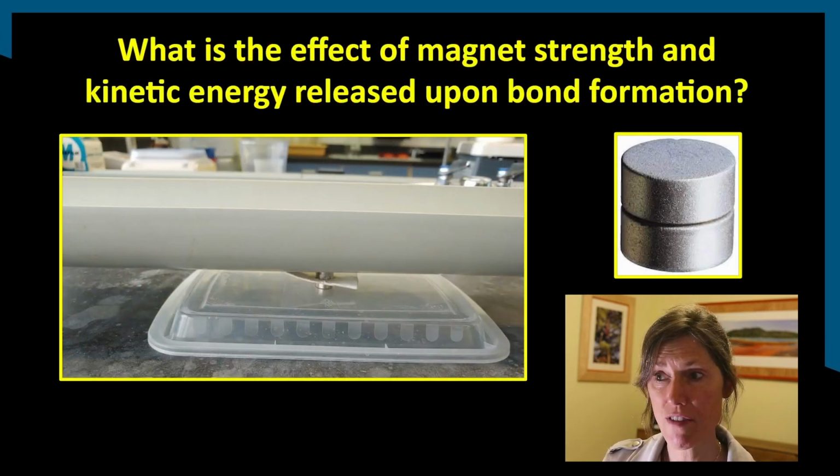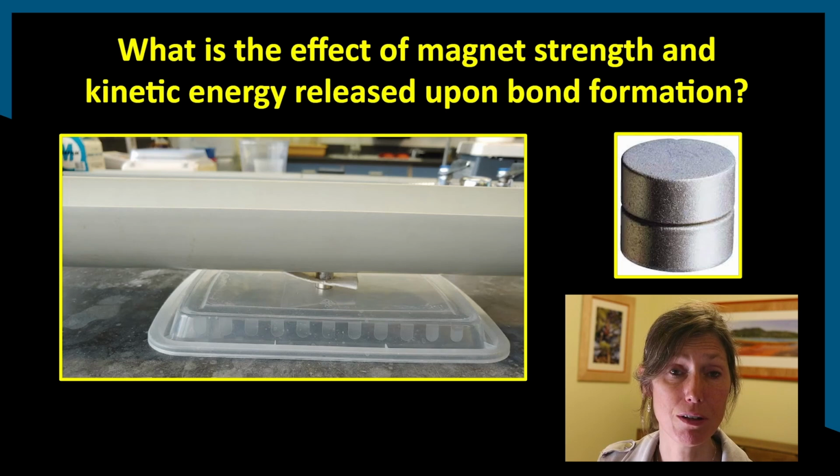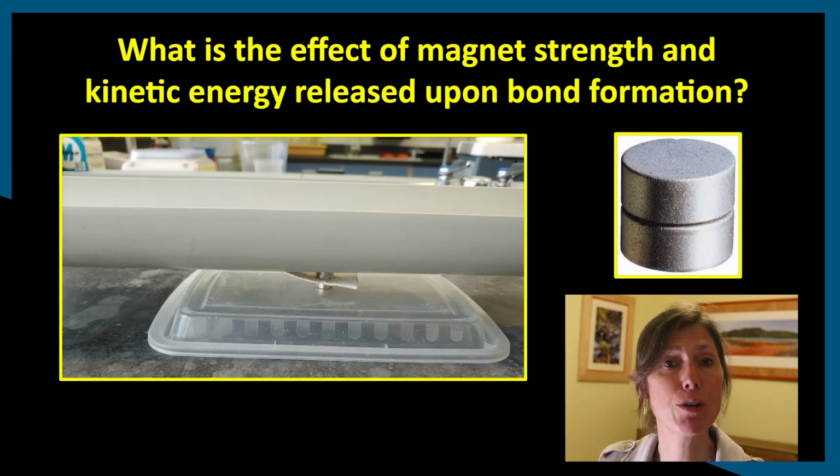So, what is the effect of magnet strength and kinetic energy released upon bond formation? Well, we tested it out. If you use ever-increasing number of magnets, would that actually result in an ever-increasing speed that the red squeegee ball would have when it goes through that speedometer?